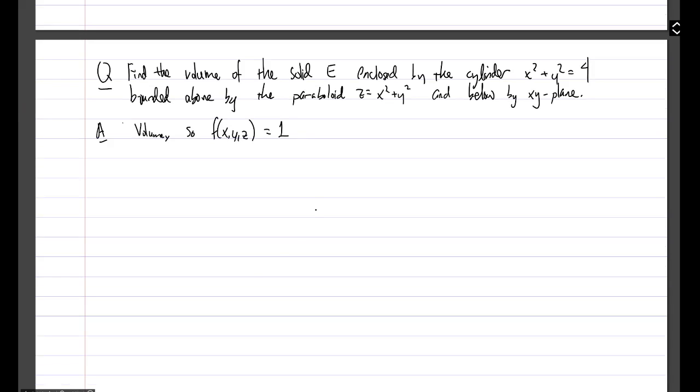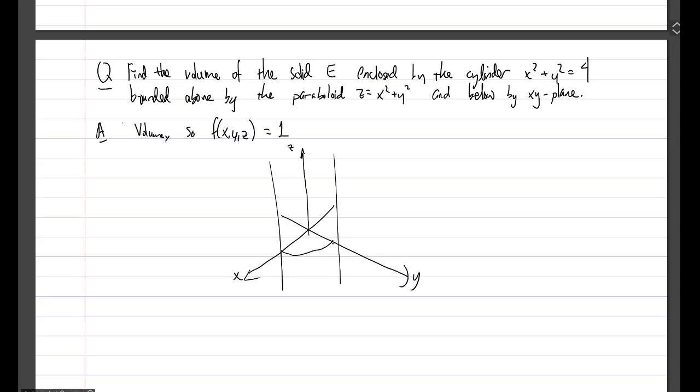Let's draw a picture. So what we have going on is there's this cylinder. Let's try to get these to look even. The lowest circle we have, because of this bounded below by the xy plane, should be right here. But then above it, there's a paraboloid. That's basically taking a standard parabola and spinning it around.